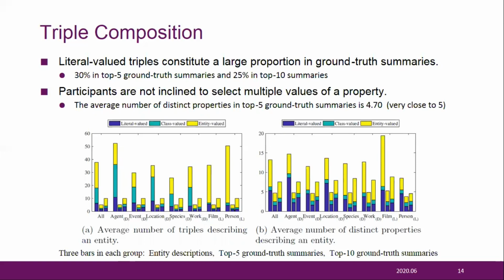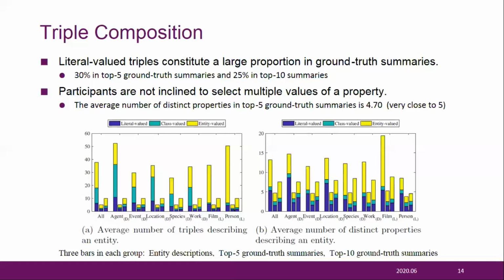Literal-valued triples account for a small proportion in both datasets. However, they constitute 30% in top 5 ground truth summaries and 25% in top 10 summaries. Anti-summarizers that cannot process literals will ignore these notable proportions, thereby significantly influencing their performance.